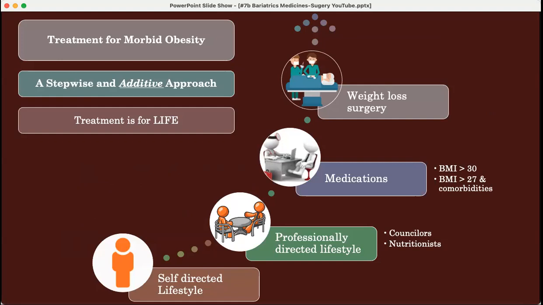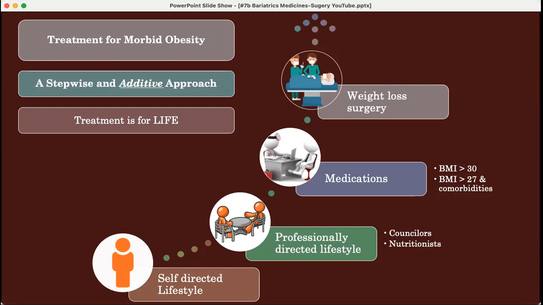It is a stepwise additive approach that begins with that self-directed lifestyle, then goes on to professionally directed lifestyle that includes counselors, nutritionists, sometimes psychiatrists or psychologists. Then the addition of medications, but not doing one without the other. So this is stepwise. Everything is included. And then beyond the medications, then it's added the weight loss surgery.